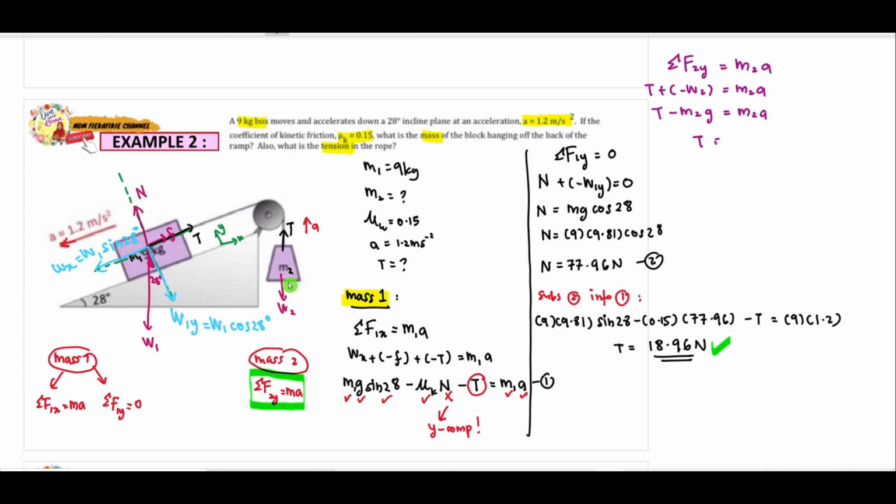So, kita bolehlah factorize kan? Bawa pergi sebelah. Therefore, M2 is equal to T over A plus G. Masukkanlah nilai T tadi, 18.96. A, 1.2 plus G, 9.81. So, mass untuk objek 2 you akan dapat 1.72 kg. Alright? So, this is the answer.